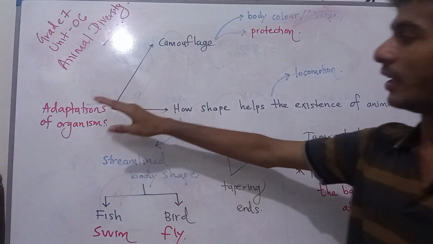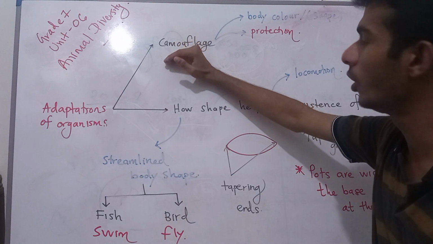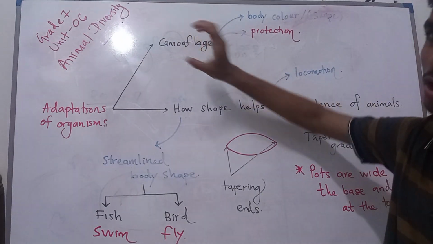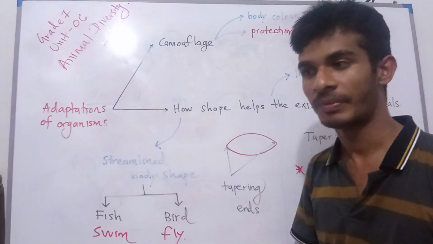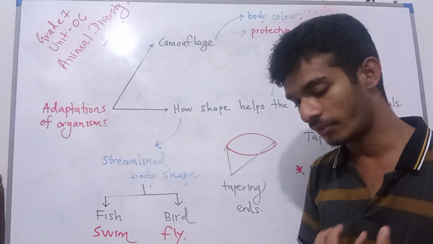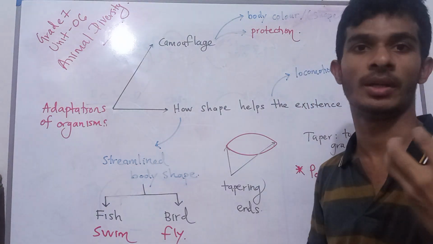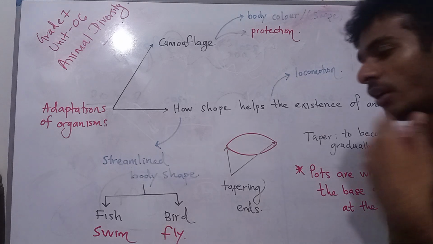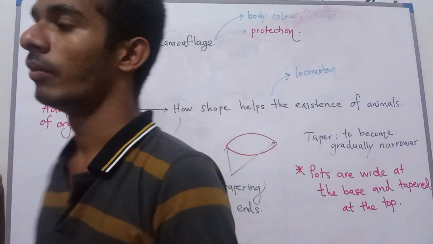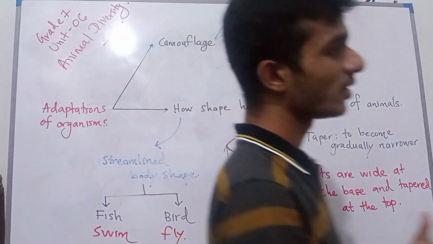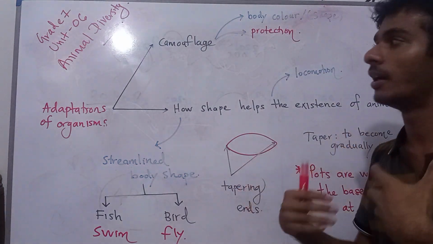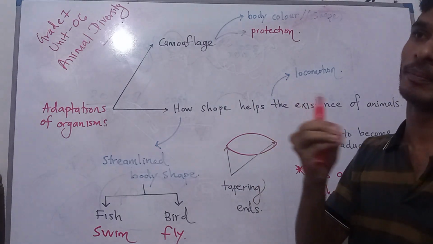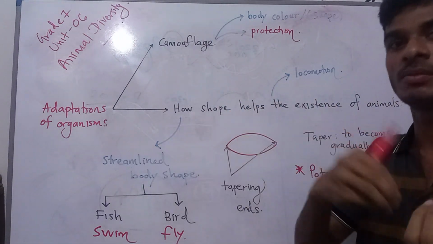Then under adaptation, we studied about camouflage. When you hear the word camouflage, you should remember the camouflage jacket. A camouflage jacket is covered with green or brown color marks and worn by soldiers. When soldiers go to war, before they attack the enemies, they hide themselves by wearing the camouflage jacket because it blends with the environment.